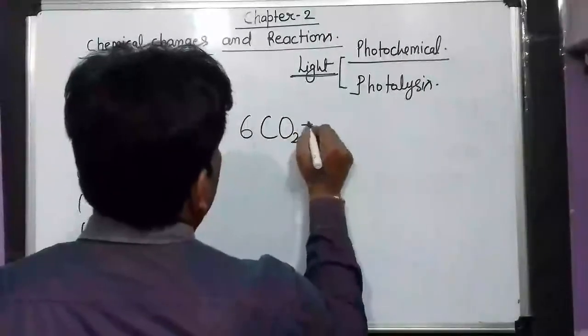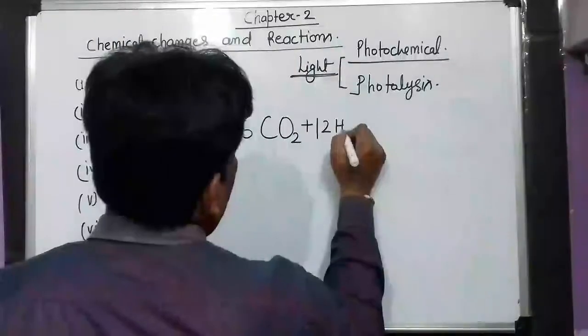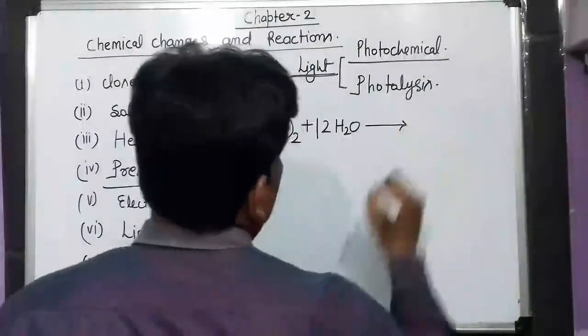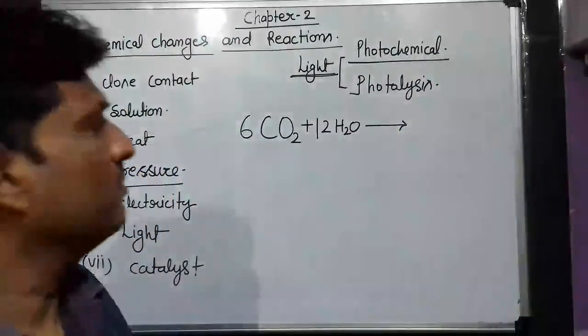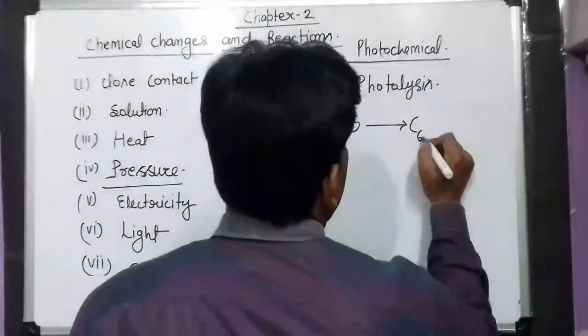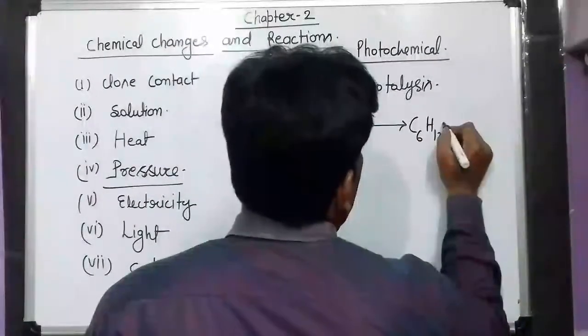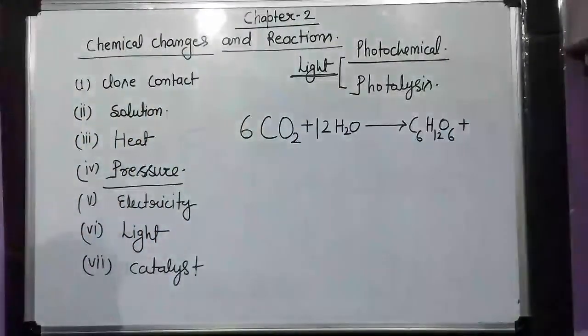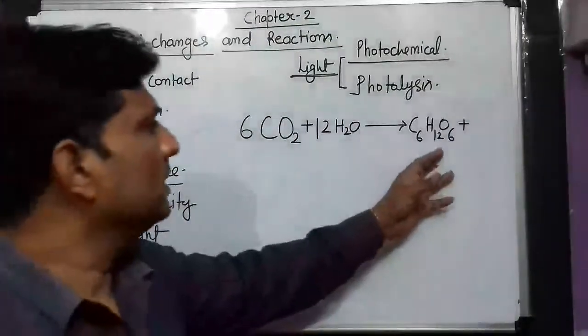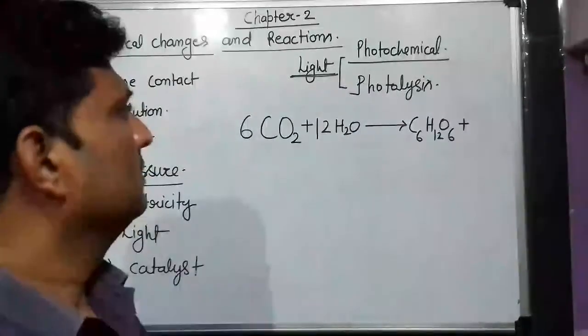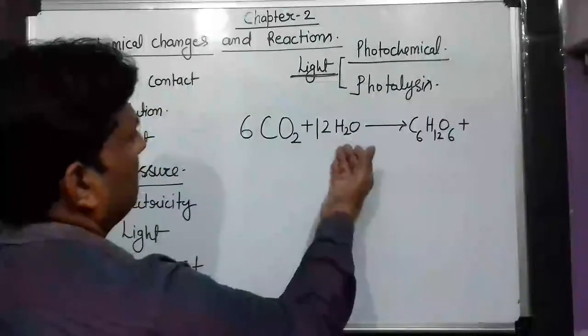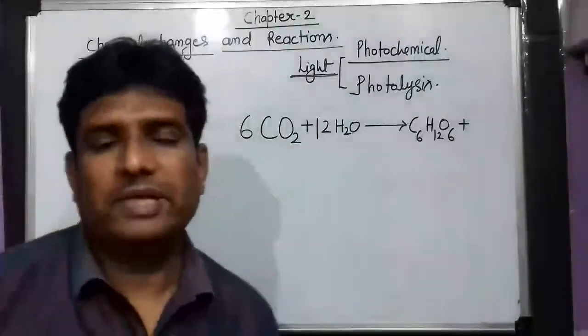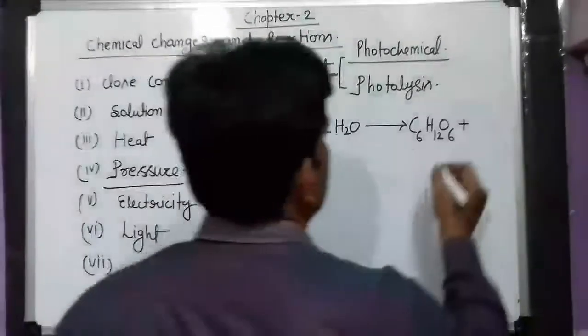So here the reaction is 6 CO2 plus 12 H2O equals formation of glucose, C6H12O6, plus 6 O2 and 6 H2O.